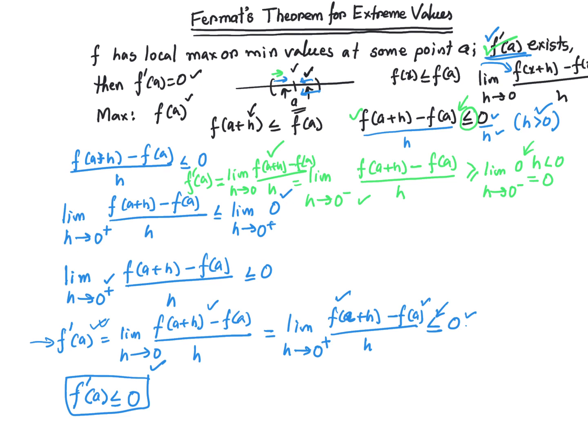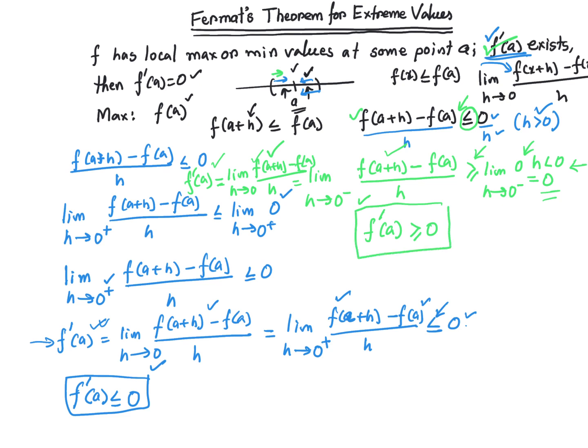That means the derivative. So this sequence of statements, if I put it next to each other, which I did here, says this is equal to this, which is equal to this, which is greater than or equal to 0. So I just concluded that f prime of A is greater than or equal to 0.